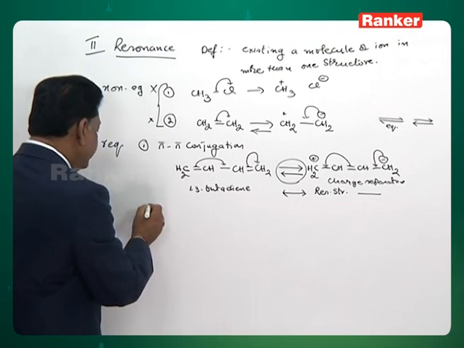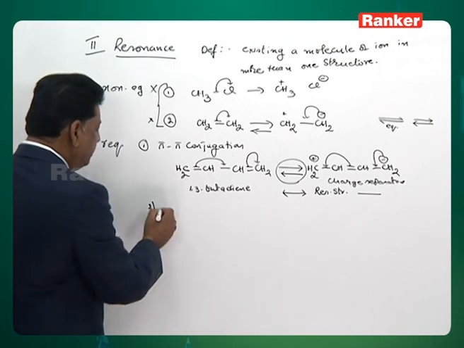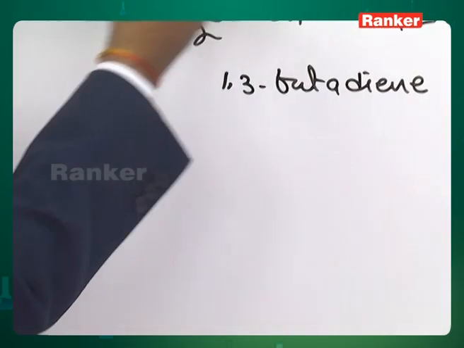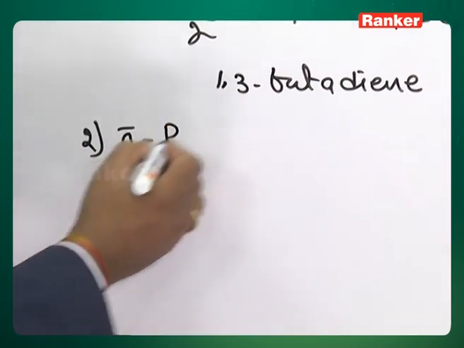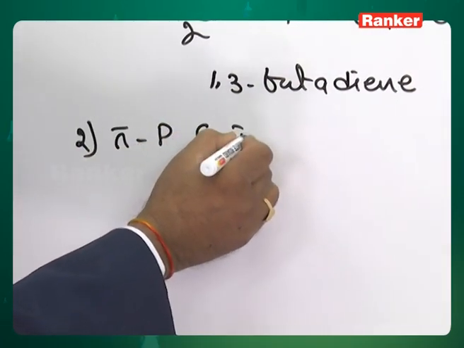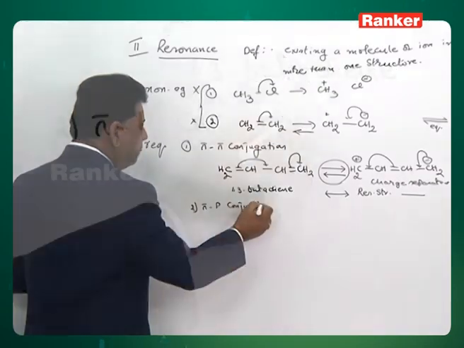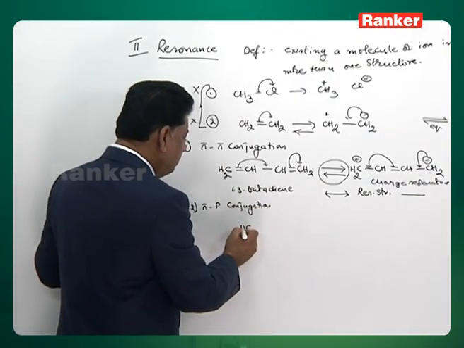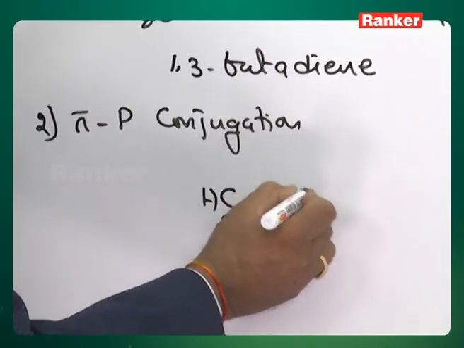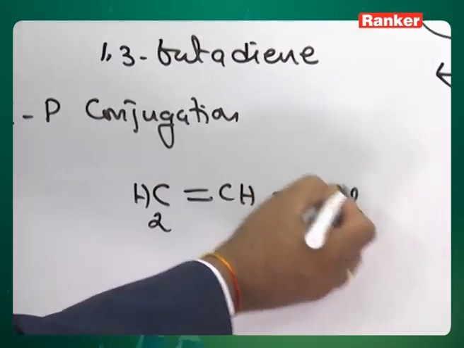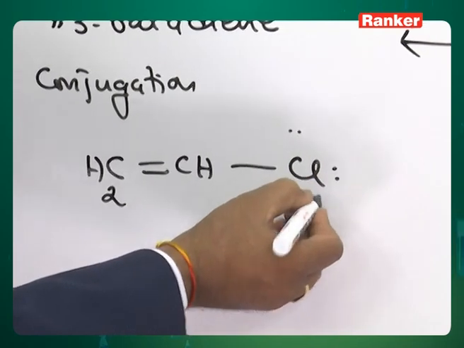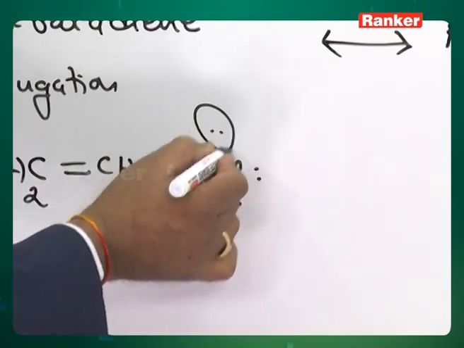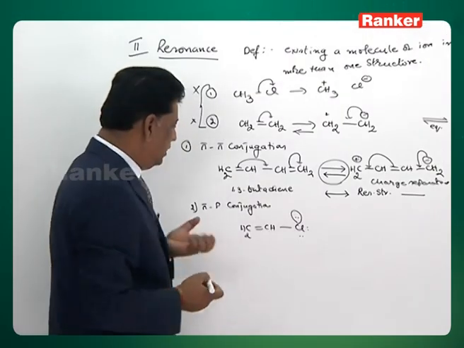So let us go for another example, another condition. Pi and a pair of electrons, this is called p, pi-p conjugation. Here the p stands for a pair of electrons. A best example is a pi bond of ethylene. Adjacent to one atom you take, chlorine. It will actually have three pairs, but one pair is enough for me to show this resonance.